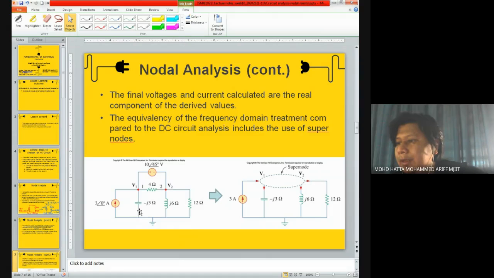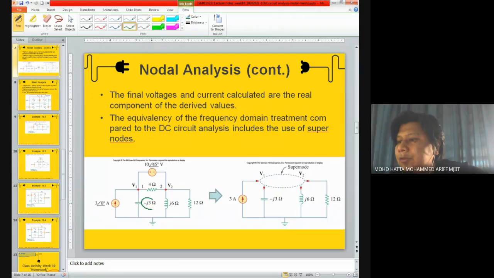If you look here, we have negative j3, we have negative j3 over here, and we have j6. Also, the current supply and voltage supply have all been converted into frequency domain values.